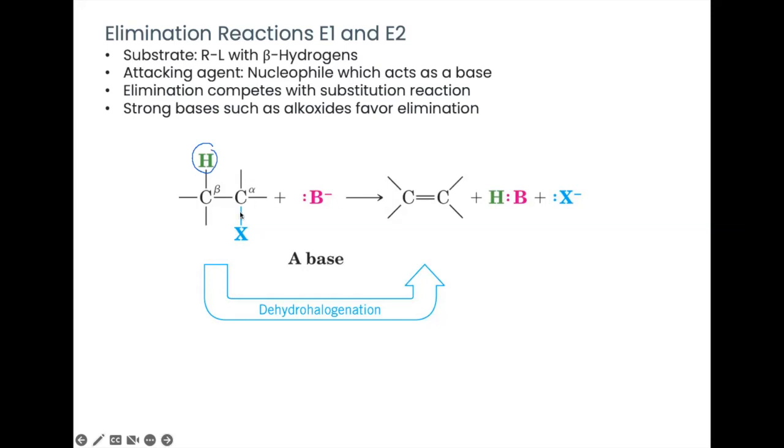If this is your alpha carbon, wherein you have your substituent, then the adjacent carbon, whether on this side or on the other side, will be the beta carbon. And the hydrogens attached to the beta carbon will be beta hydrogens. So this is an important requirement in elimination reactions.